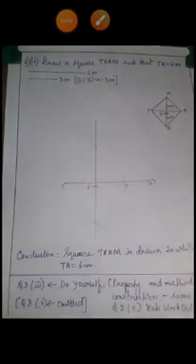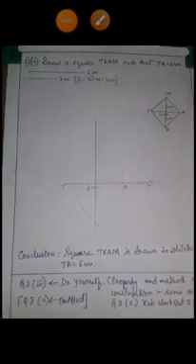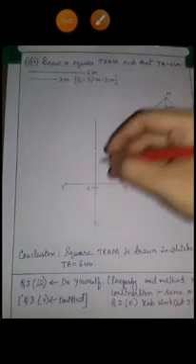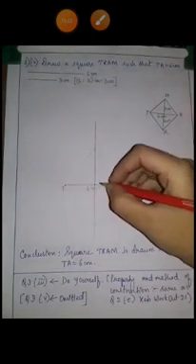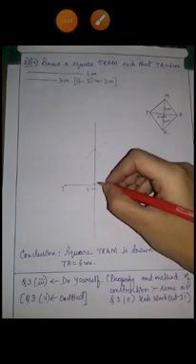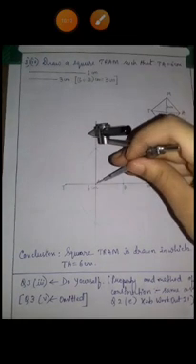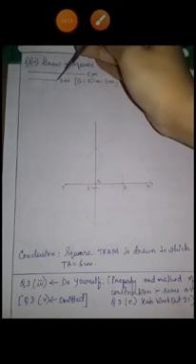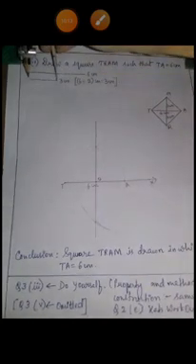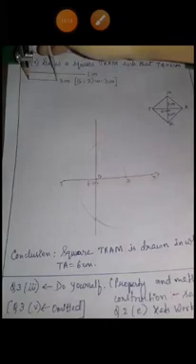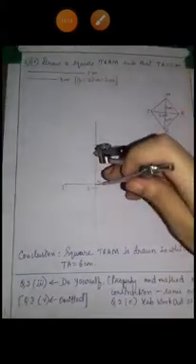Now what you will do, you are going to place the compass at the point of intersection. Say this is O. Now you place the compass over here and take the measurement 3 centimeter. Why 3 centimeter? Because just now I have told the diagonals bisect each other.